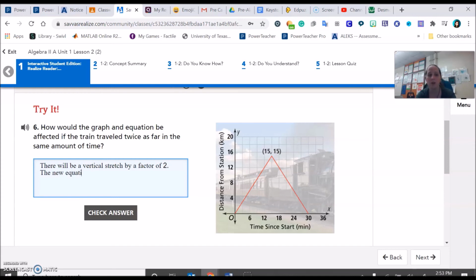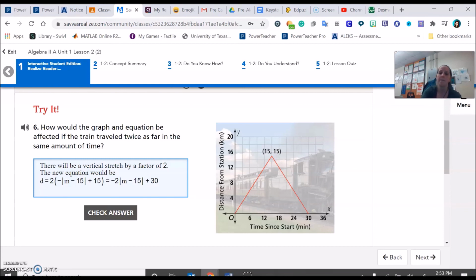So the new equation would be d equals 2 times negative absolute value of m minus 15, plus 15, or negative 2 times the absolute value of m minus 15, plus 30.